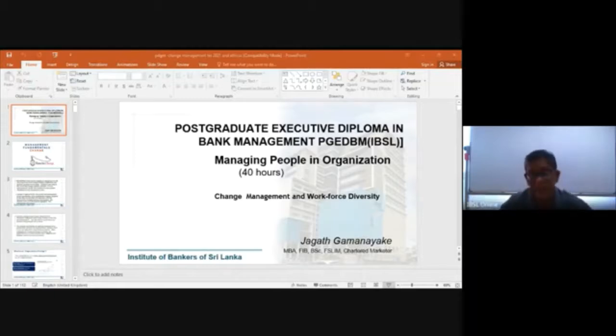And the second factor is that we need to change because of certain internal forces. Internal forces include changes in the goals and objectives of the organization, company problems, or maybe a new ownership.